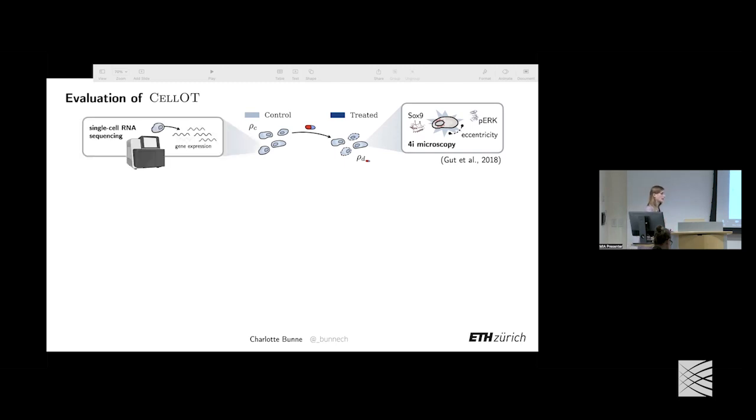But then, of course, and this is what mostly was covered in Oana's talk, we of course also look at single-cell RNA sequencing data, where we track up to 1,500 or even more genes.